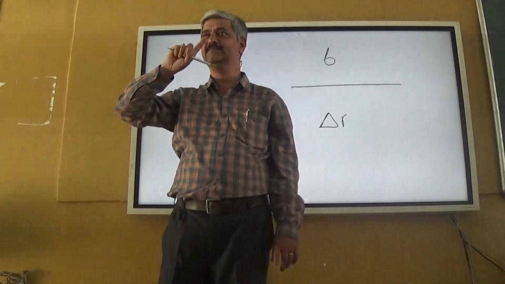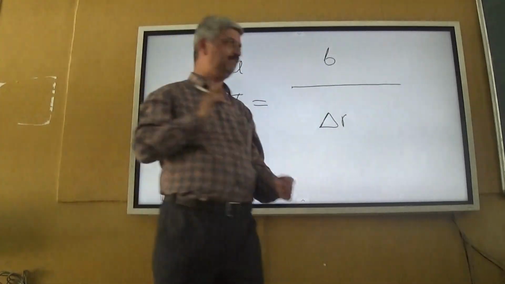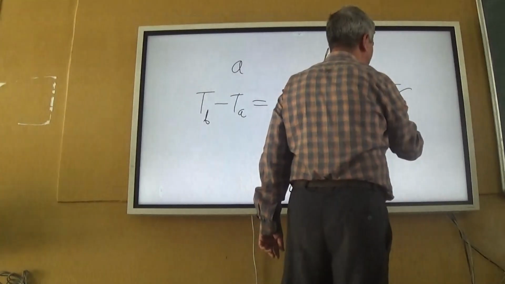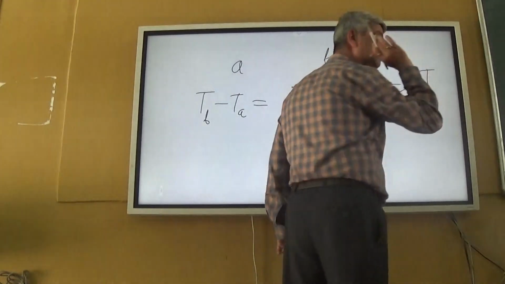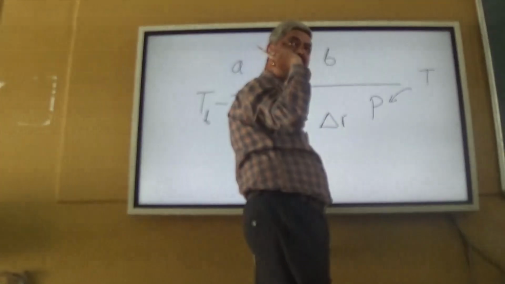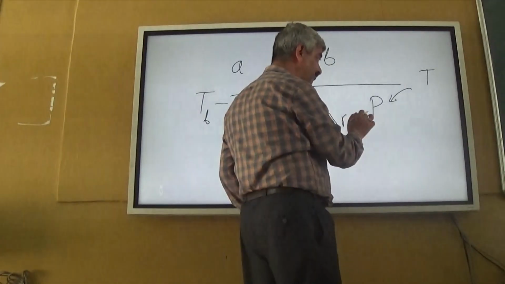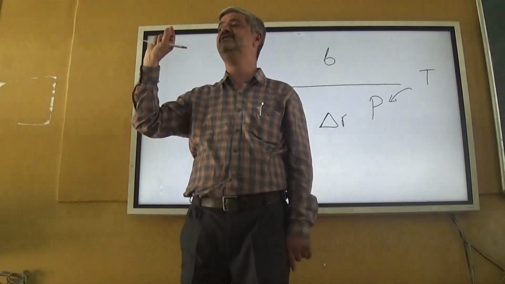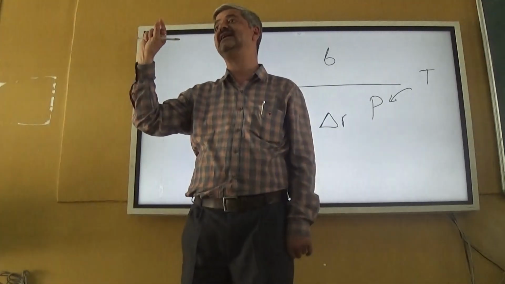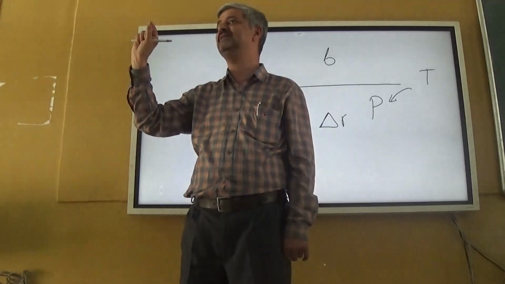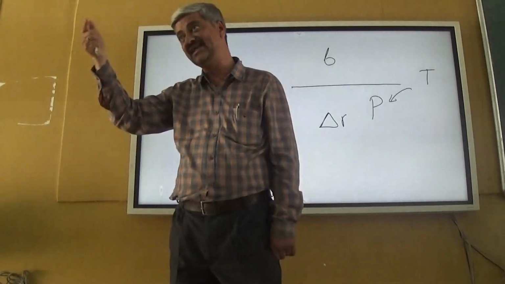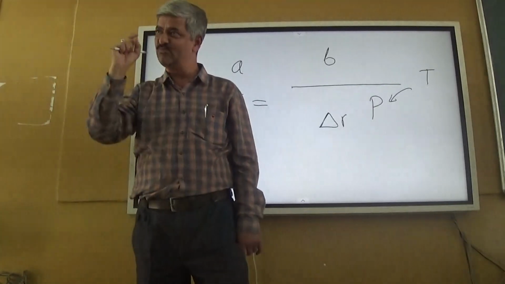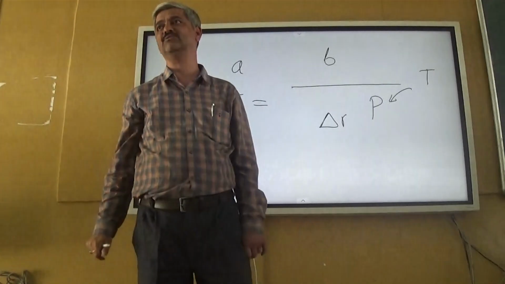I am at a point P. At point P, temperature is T. From point P, I make a small movement by distance delta R. What would be the temperature at that point, which is away from P by a small distance delta R?